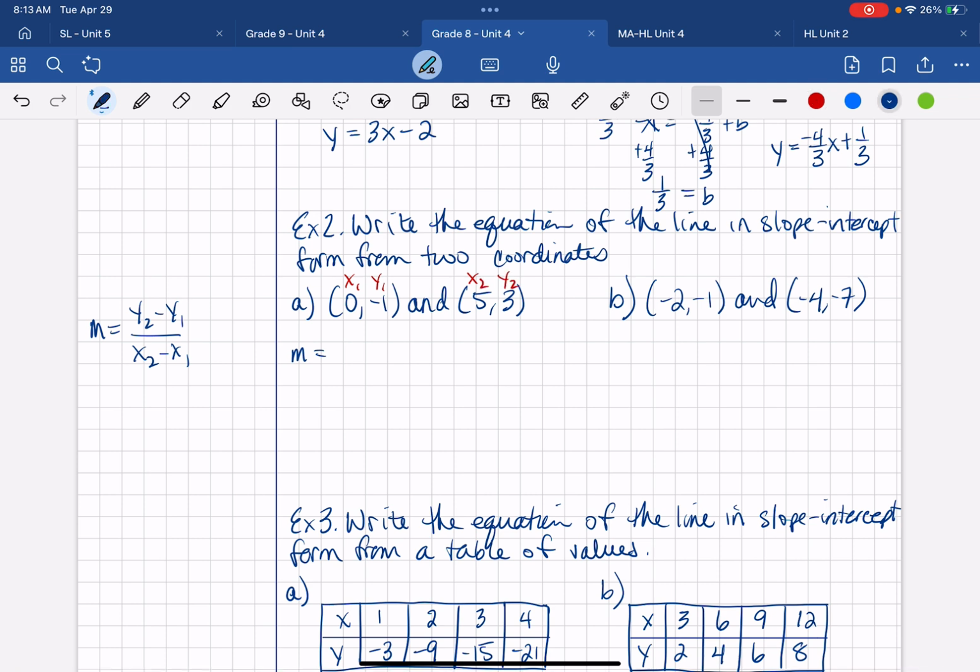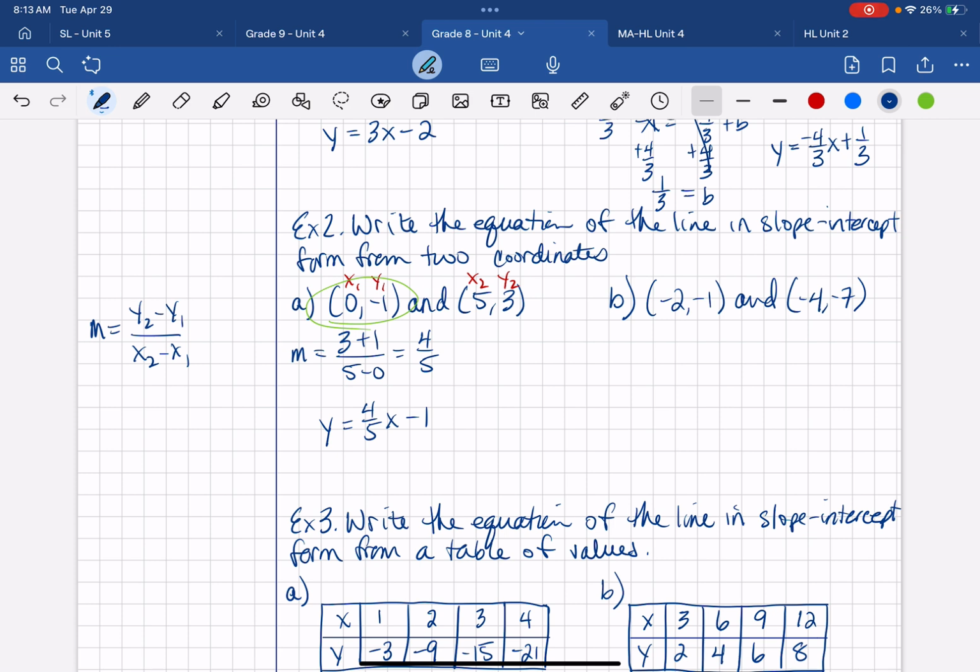So I say 3 plus 1 over 5 minus 0, which gives me 4 over 5. And since this coordinate has a 0 for the x, that tells me it's my y-intercept. So I can say y equals 4 over 5 x minus 1.